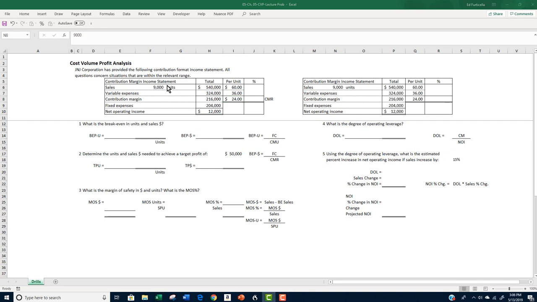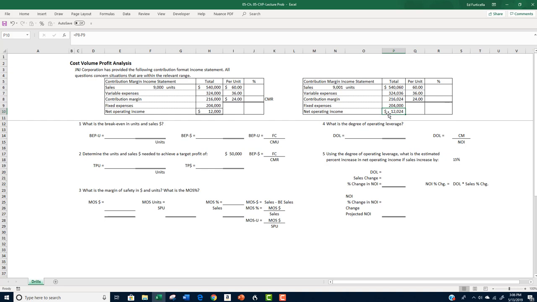Note, at 9,000 units, our profit is $12,000. Increasing sales by 1 unit increases net operating income by the 1 unit times the contribution margin per unit of $24 for a total of $24 change.